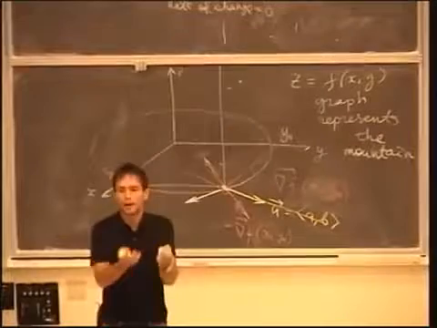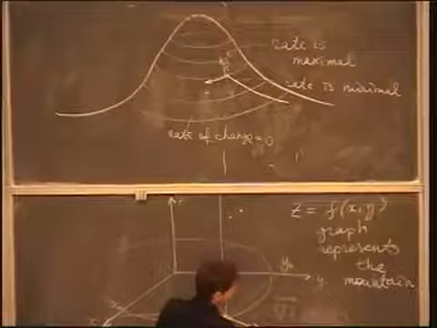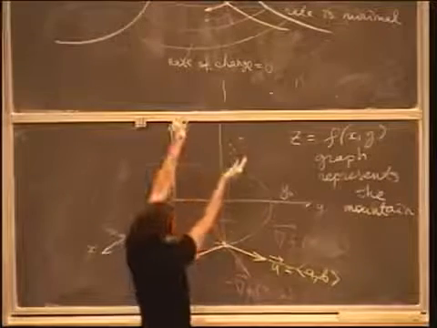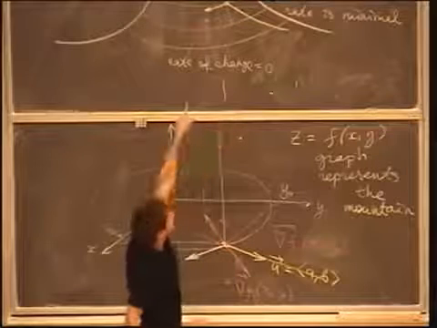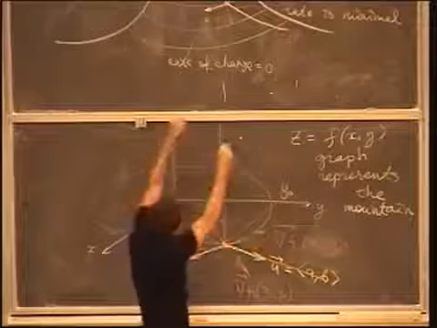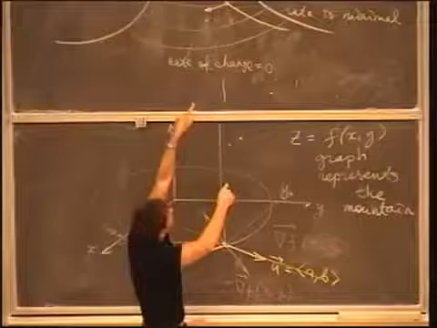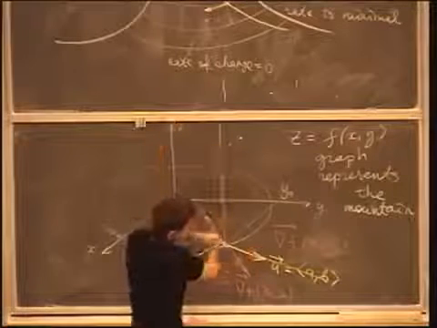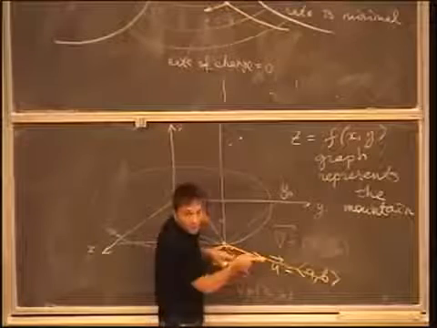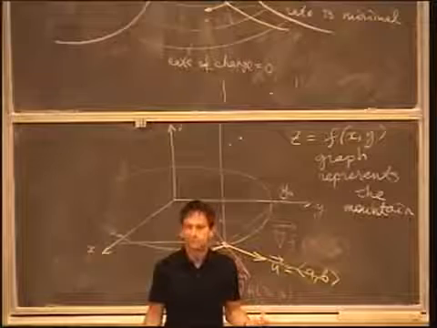If I lift that path, there's a path on the xy plane, but it has a unique lift to the graph. This is the yellow path on the graph. In other words, this line, or this half line, is the projection of that path. There's a unique path on the mountain which starts at that point, and whose projection onto the xy plane is the half line directed by u. You see what I mean? Are there any questions about this?